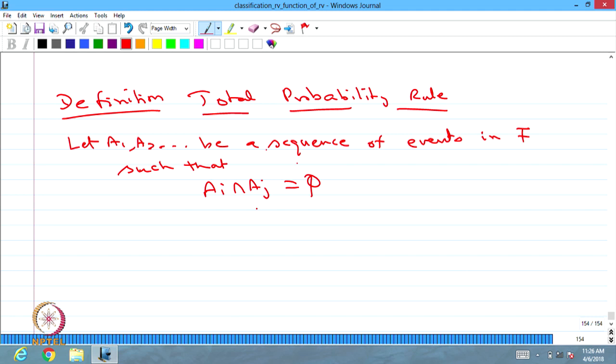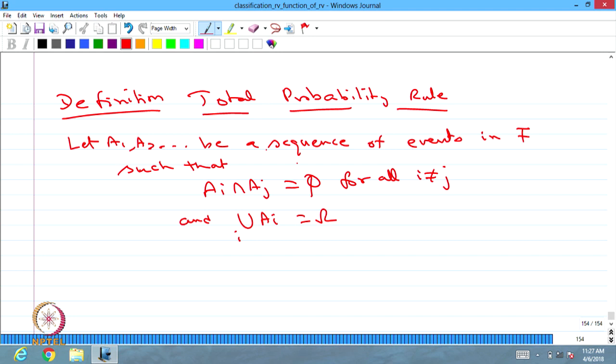That means that they are mutually disjoint for all i not equal to j. Not only that, if I make a union of the Ai's, that is going to be the whole set. That means indirectly this is a partition of omega.